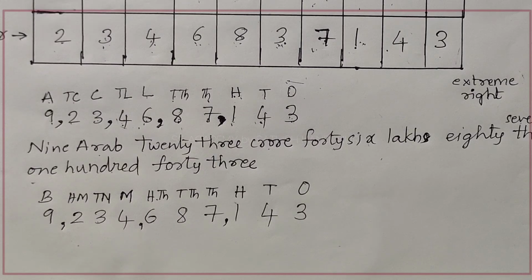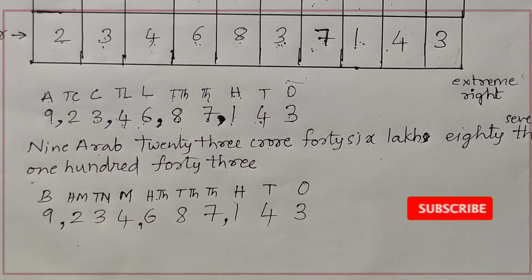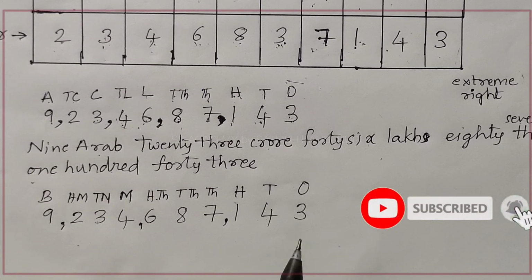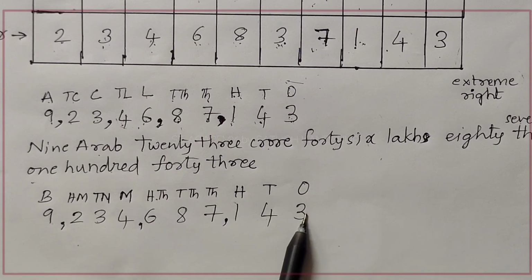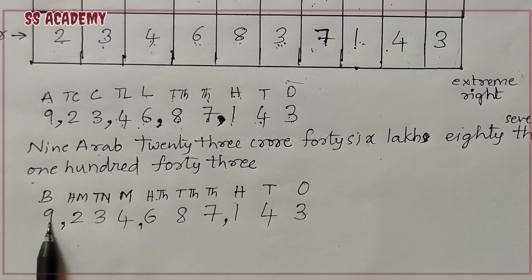The separators were given. Now you need to write the name of this particular number. While writing a name, you should start from the left hand side. Place values are given from the right hand side and commas are given from the right hand side, but while writing the name, you should start from the left hand side. So what is the number here? 9. 9 is in billions place.